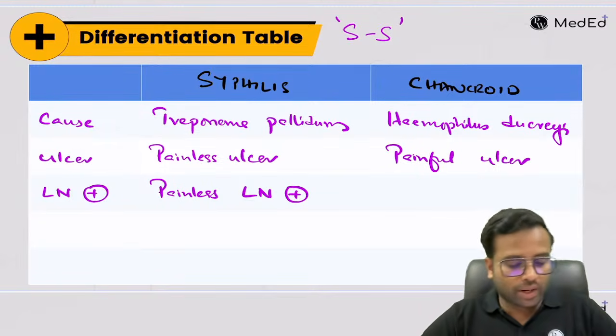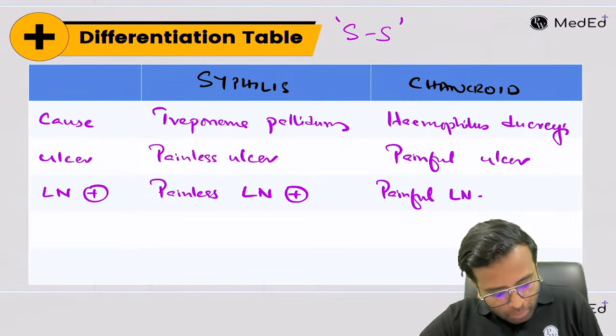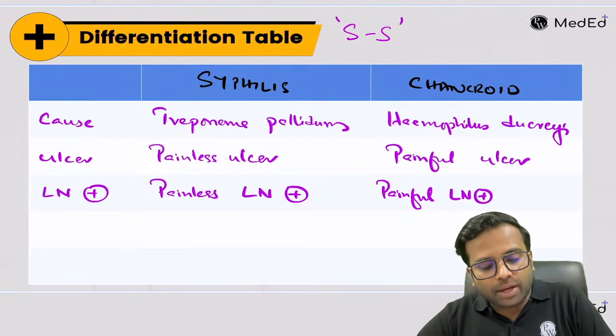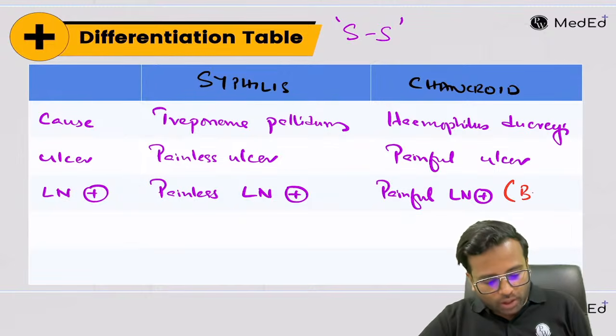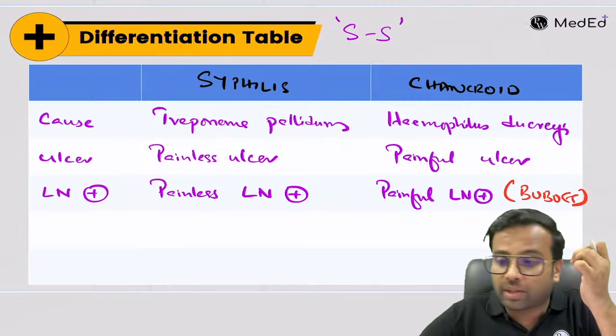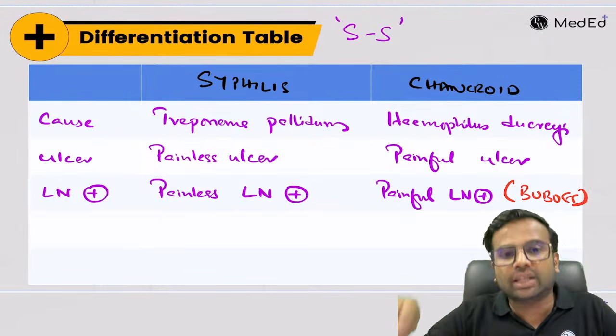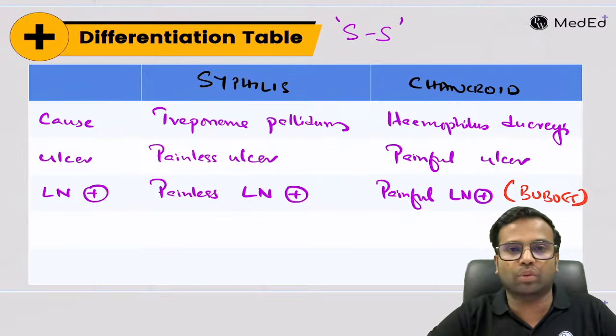Whereas in chancroid, there will be a painful lymphadenopathy, and this painful lymphadenopathy is called buboes. That's a very, very important thing. The lymphadenopathy in chancroid is called buboes.